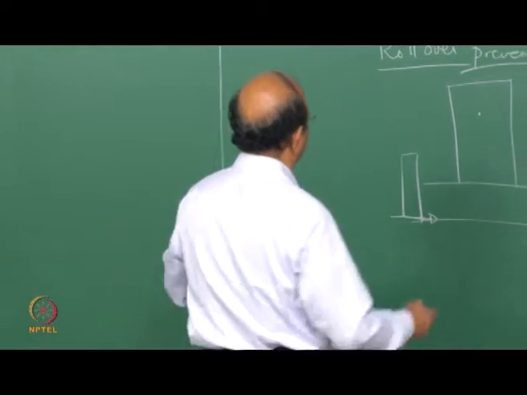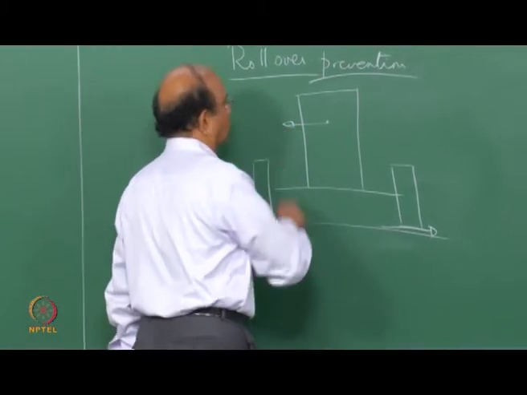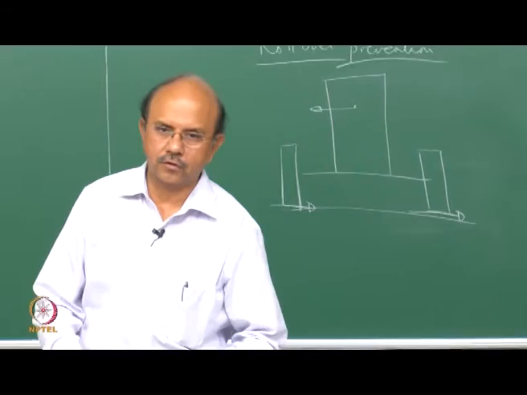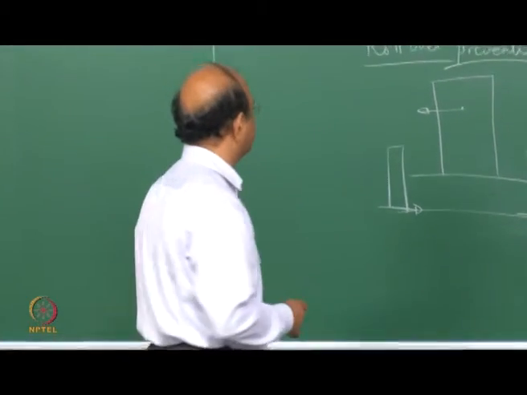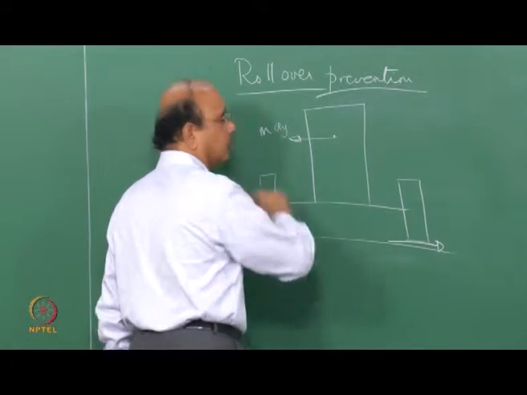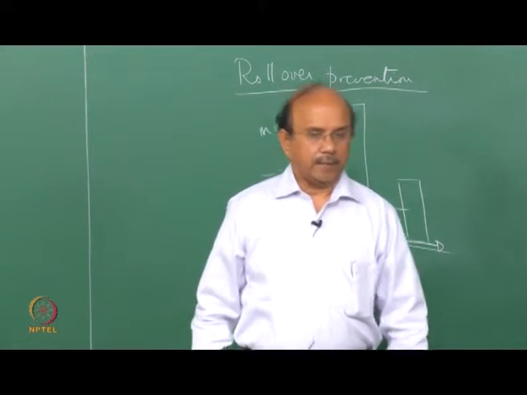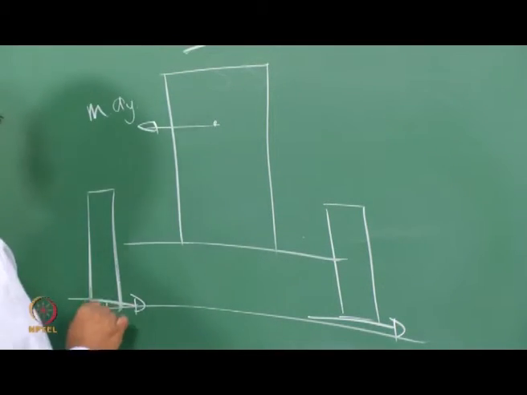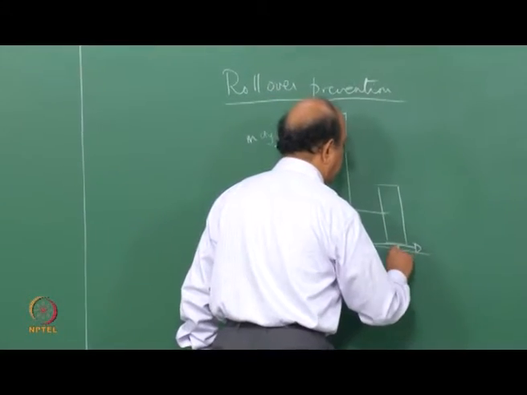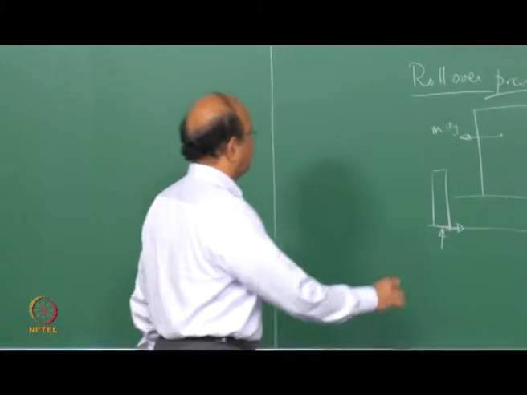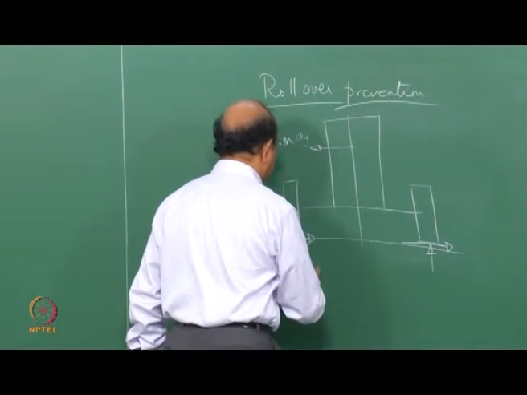And that is the corresponding D'Alembert's force, or the centrifugal force, which is mv squared by r, or I would call that m into ay. Now, of course, there are reactions at the front and the rear, and that we call the track width.